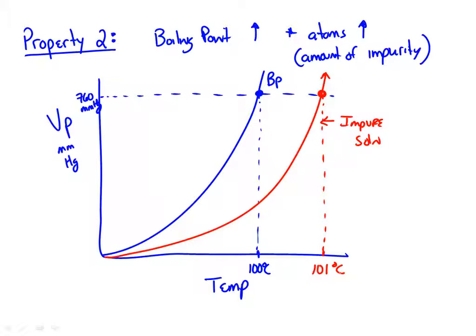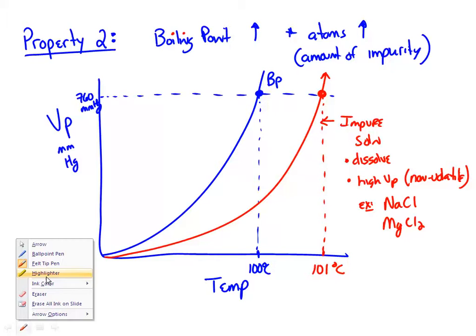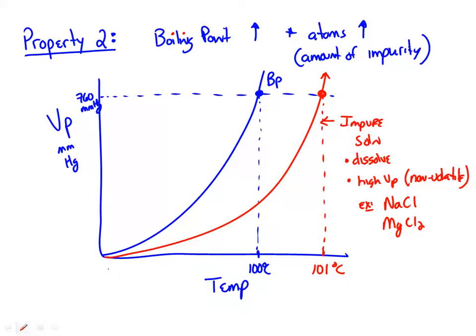So the impurity has to dissolve. It has to have a low vapor pressure, which means that it's non-volatile. Good examples are basically any ionic compound.